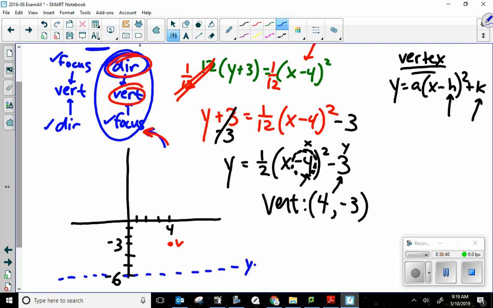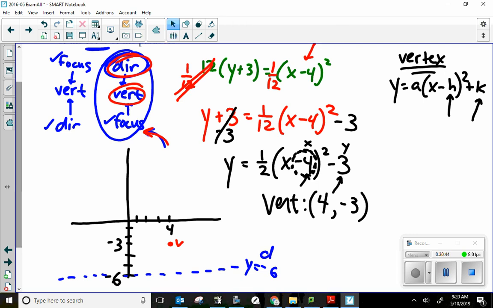That's the directrix, y equals -6. That vertex is exactly in between. So if I go down 3 to get to the directrix, I should go up 3 to get my focus, which tells me my focus should be right here at 4, 0.